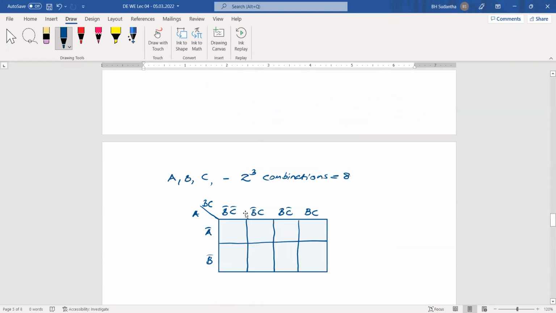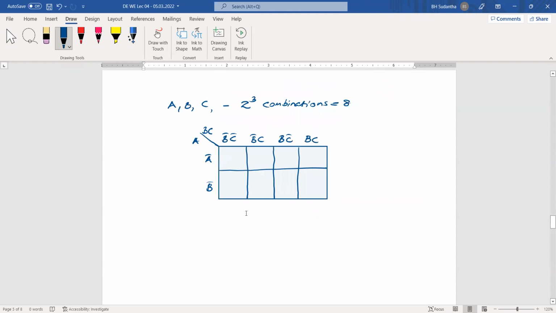Okay. Then we come to this 3 variables map. Here, this BC side, then B bar C bar, B bar C, B C bar, B C. But this is wrong. Why?